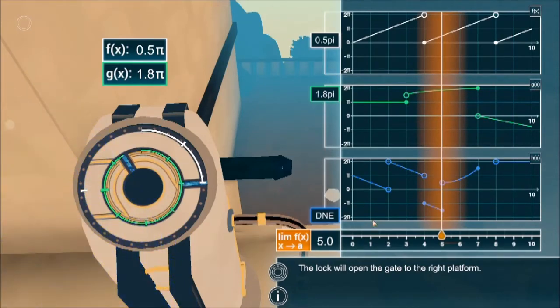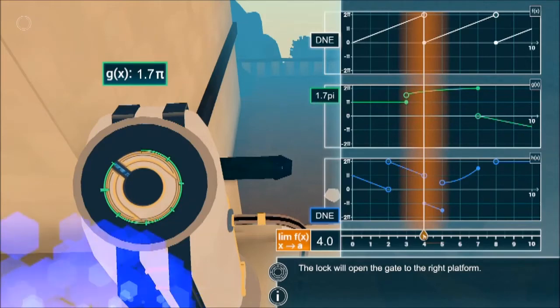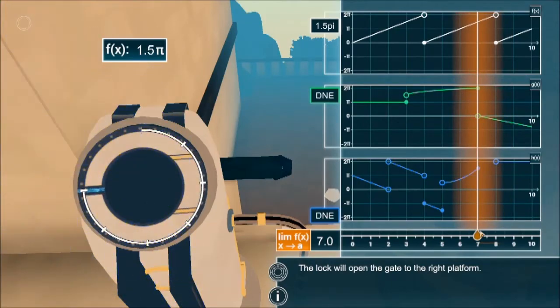Okay, so this bottom one, we're going to have it as a does not exist. So we want to be looking at the other points. Okay. Does not exist, and 1.5 pi. Also not helpful.